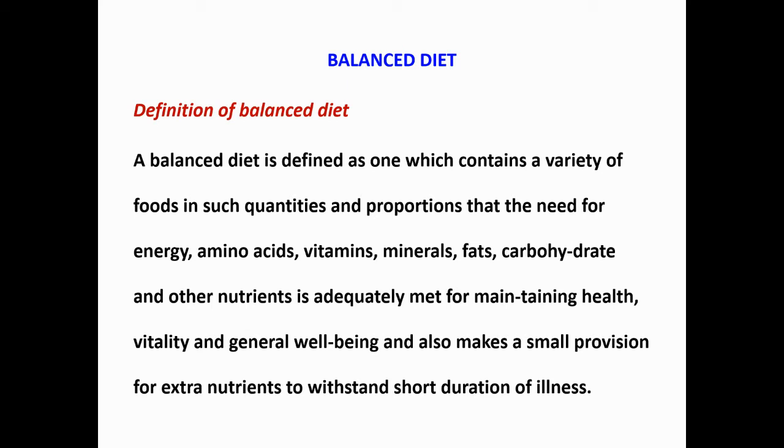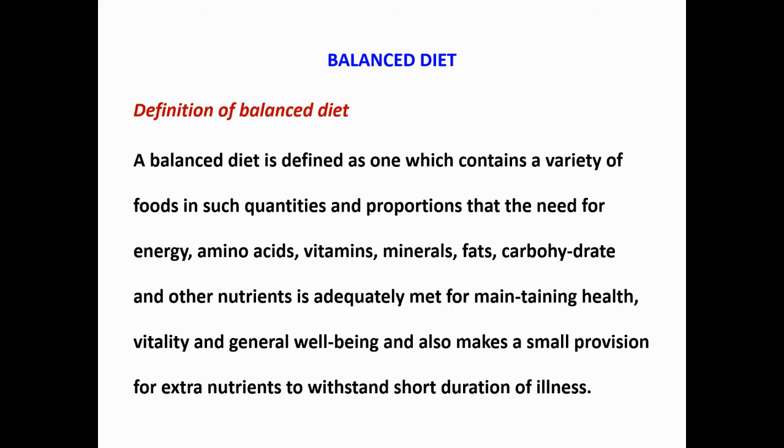Now the definition: a balanced diet is a diet which contains a variety of foods in such quantities and proportions that the needs for energy, amino acids, vitamins, minerals, fats, carbohydrates, and other nutrients are adequately met for maintaining health.